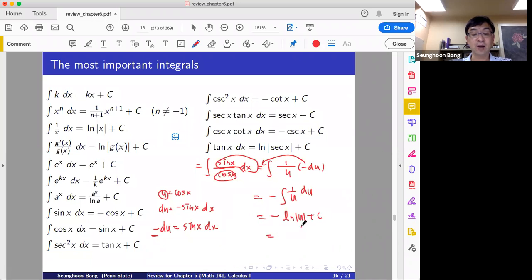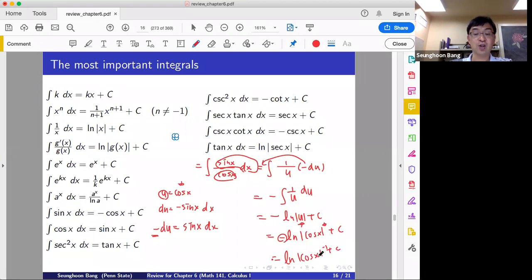You can change back. u is cosine. So we have negative ln of the absolute value of cosine x plus c. The negative 1 goes to the top: ln of the absolute value of cosine x to the power negative 1 plus c.